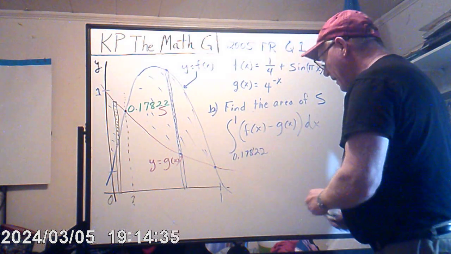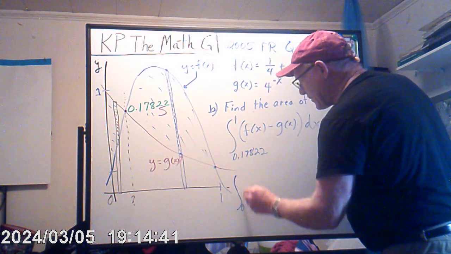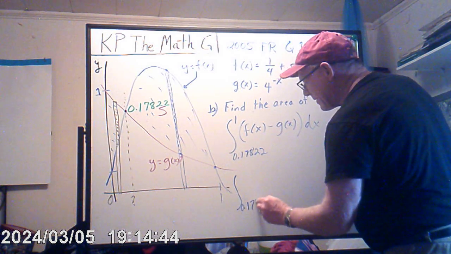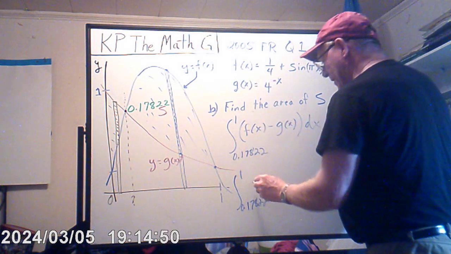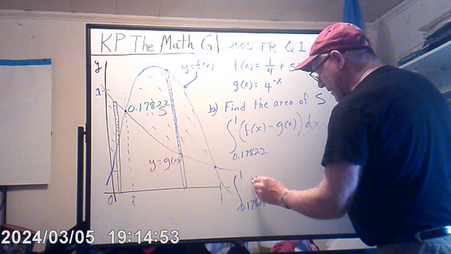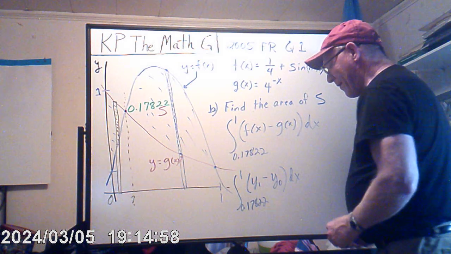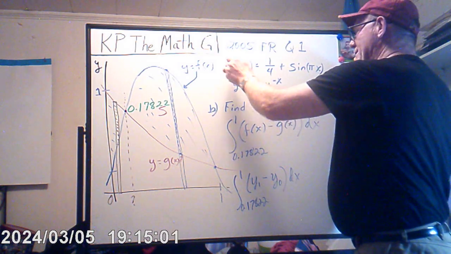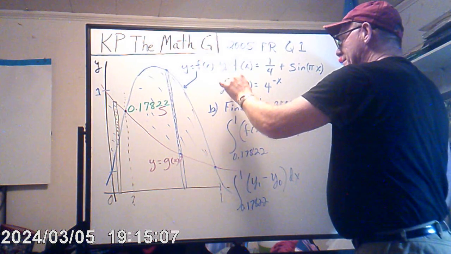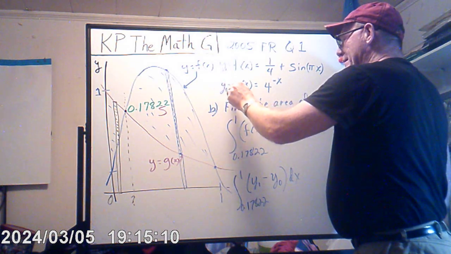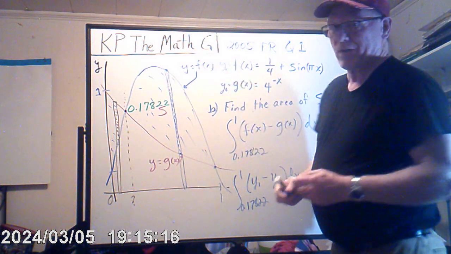Okay. And in this case, if you want to do it this way, you still would do from 0.17822 to 1, but you would do y sub 1 minus y sub 0 dx here. y sub 1 being F, and y sub 0 being G. In your case, this would be y sub 1 and this would be y sub 2.